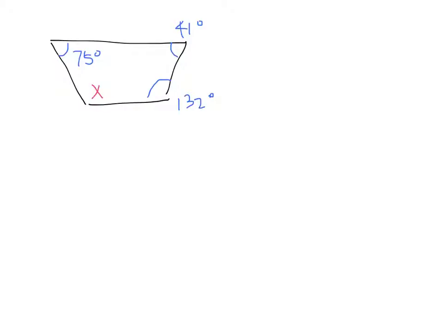Okay? So using what we know that the sum of the angle measures all equals what? 360, right? So all of these added up together should equal 360, meaning X is equal to 360 degrees minus the sum of 75 degrees plus 41 degrees plus 132 degrees.